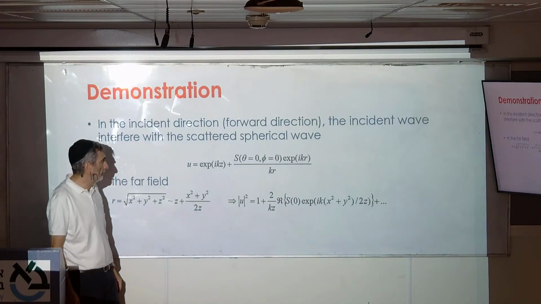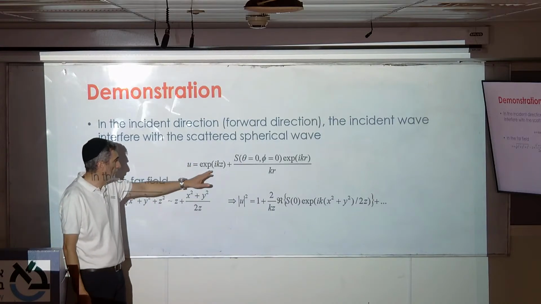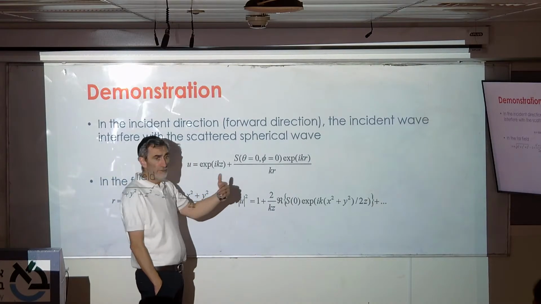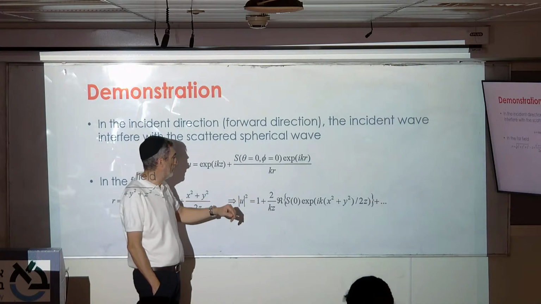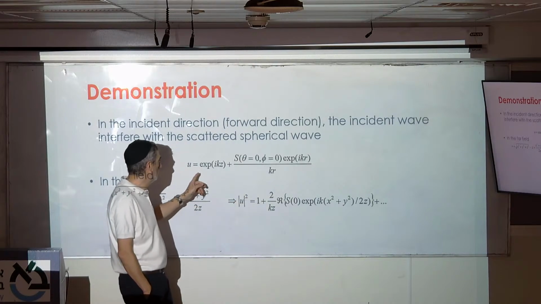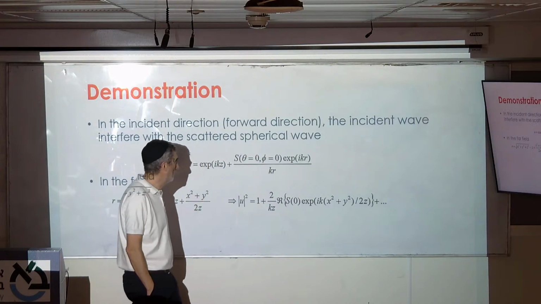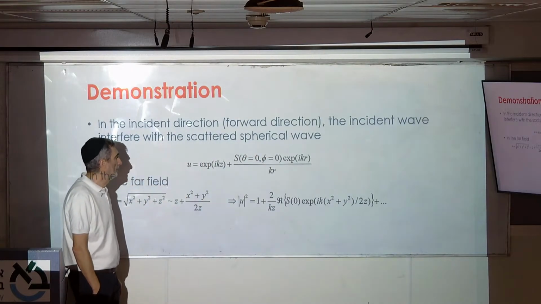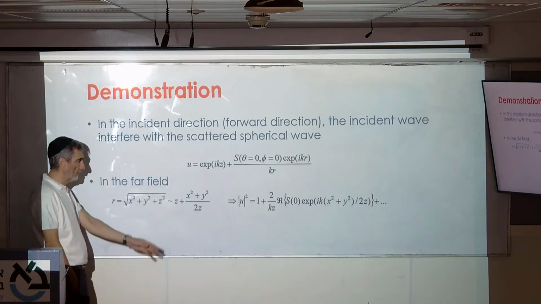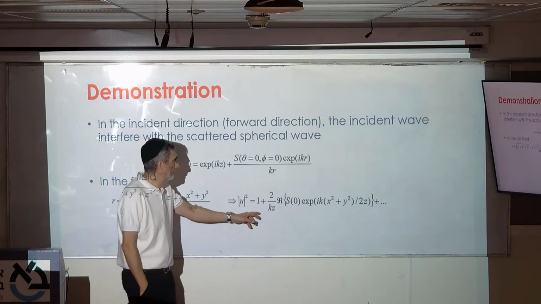So r can be replaced by z. We are far from the source and close to the axis z. So r is replaced by z. S0 exponential ikr, so ik times x squared plus y squared over 2z here, times exponential ikz, which goes away because of the modulus.